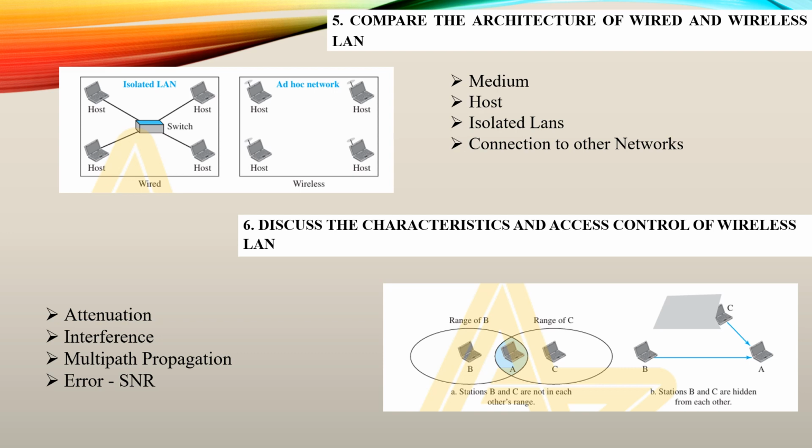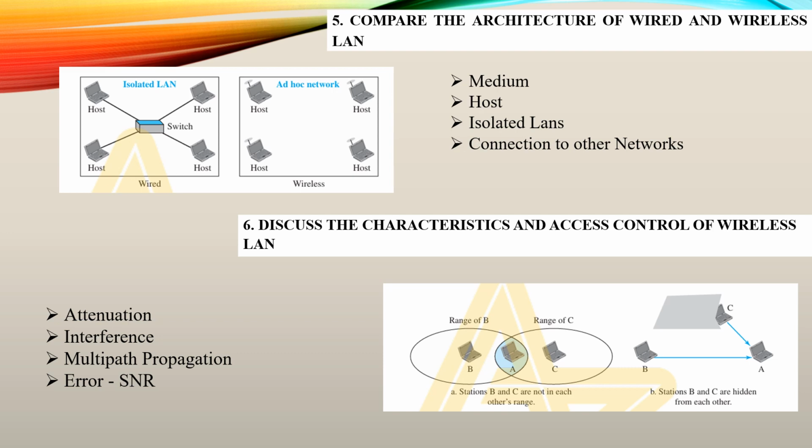Discuss the characteristics and access control of wireless LAN. There are four characteristics available. Attenuation: electromagnetic signals will attenuate a lot. Interference: being wireless communication, obviously there will be more noise produced between the communication happening.